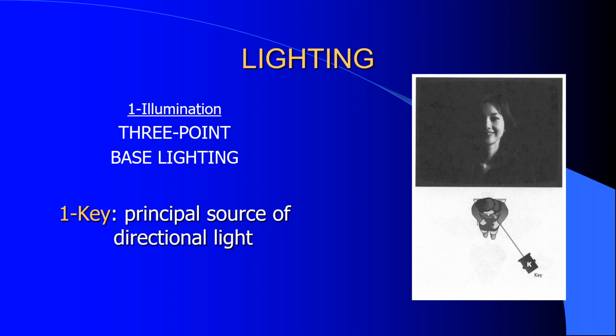This is the brightest light. Where do you position it? The key light always goes in front of and either to the left or the right of the subject. We don't want it directly in front of the subject because the bright light could make the person start to squint, and then that doesn't give us a good picture, a good image. So the key light always goes in front of and either to the left or to the right of the subject.